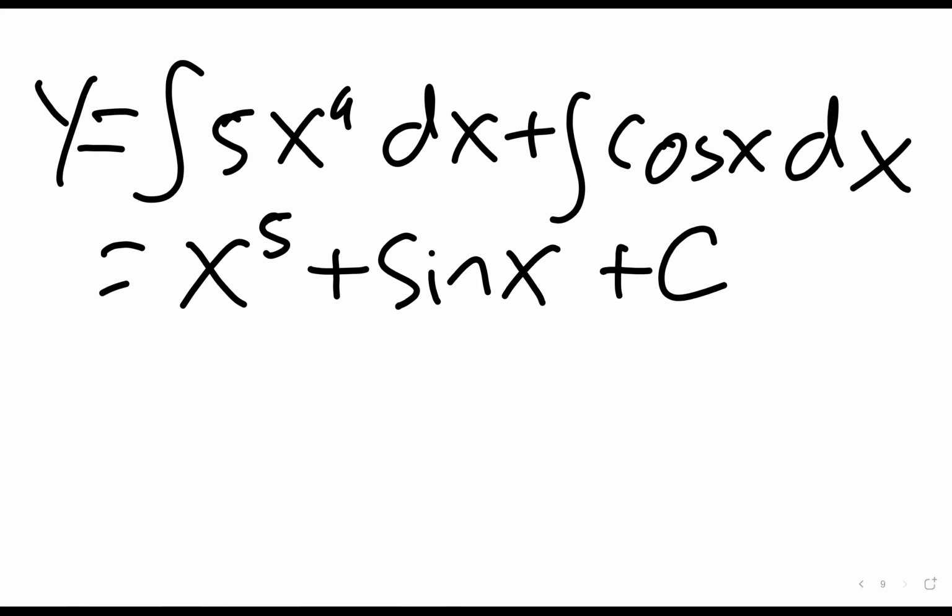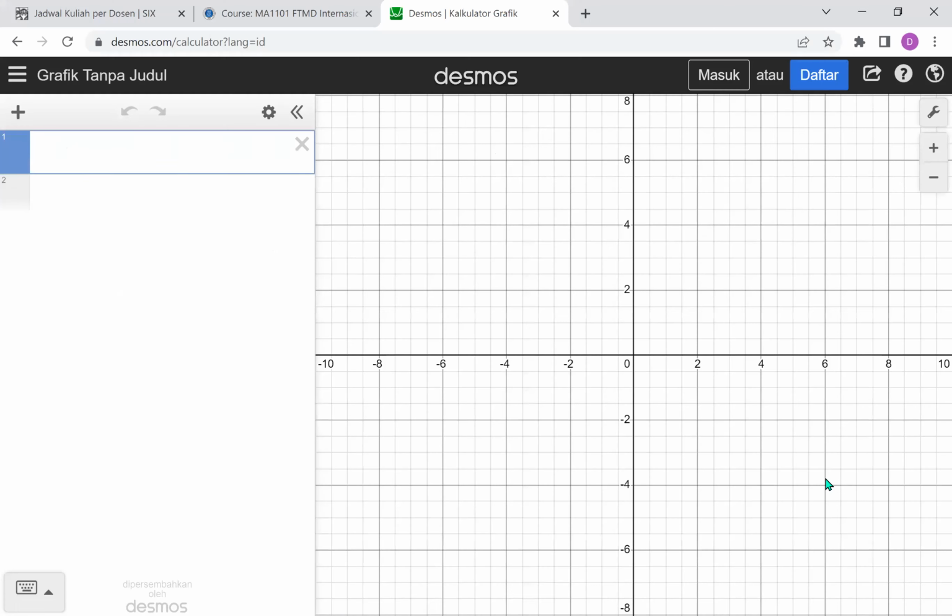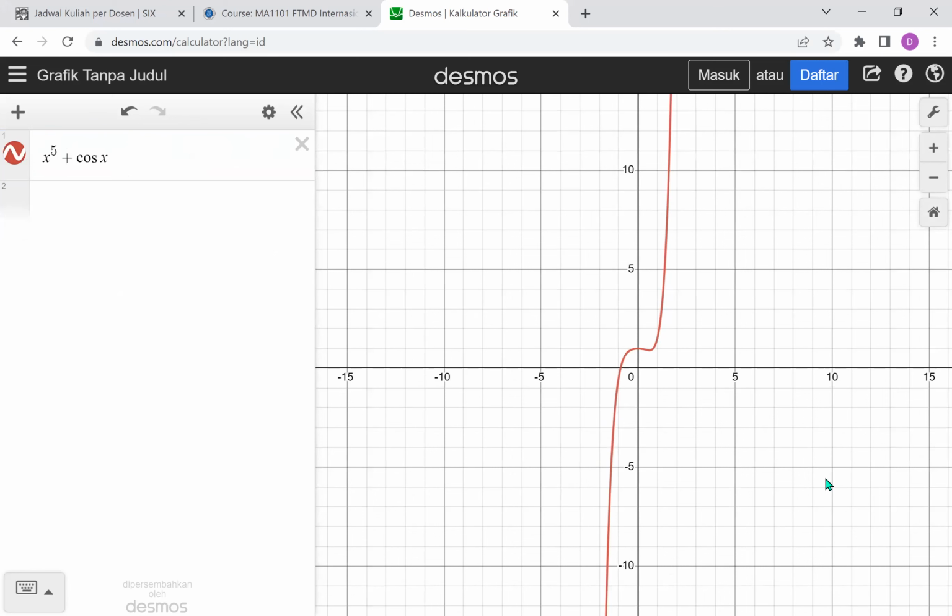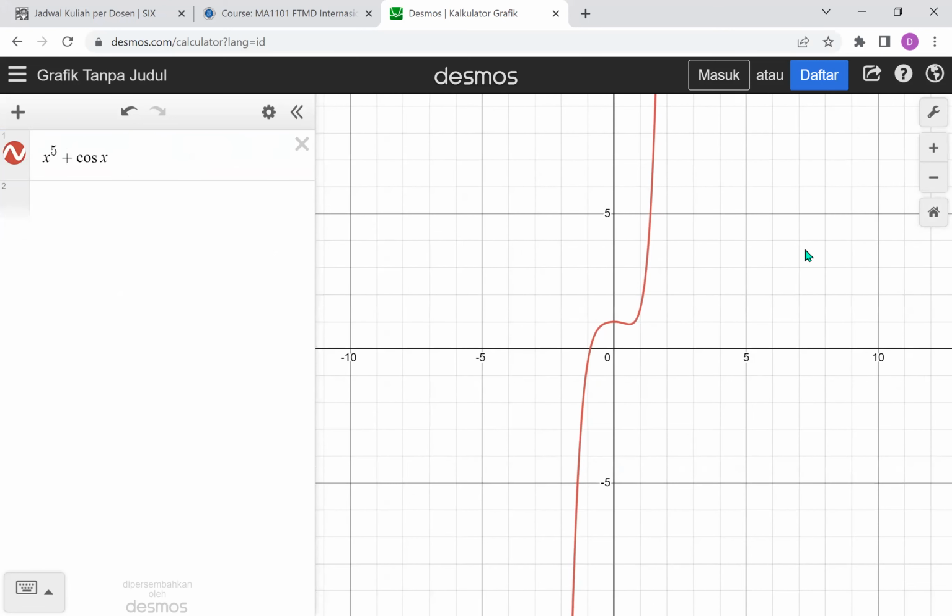Okay, so if I consider the picture for this one, x to the power 5 plus sine of x, let's say I choose the constant equal to 1, I have this one.